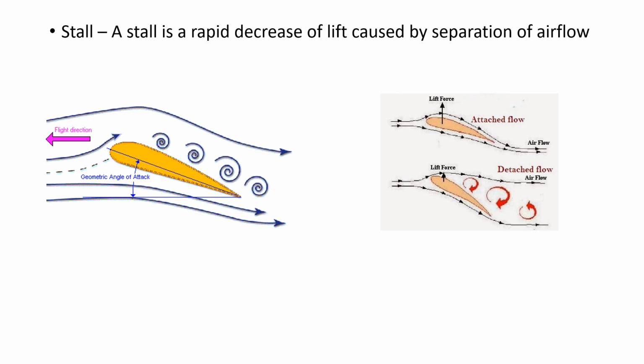It is also caused by the disruption of the airflow from the upper surface of the wing or airfoil. The airflow then separates at the trailing edge. The separation progresses forward until the wing is fully stalled. Therefore, a stall is a rapid decrease of lift caused by separation of airflow.